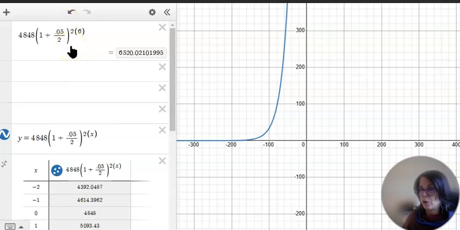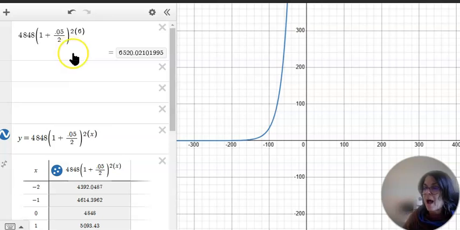Make sure it all looks right before you trust your answer. I have this long decimal, but we're talking dollars and cents. So the correct answer would be $6,520.02.